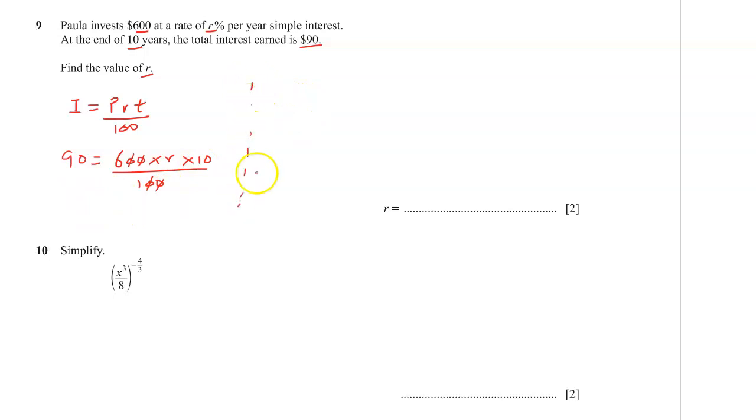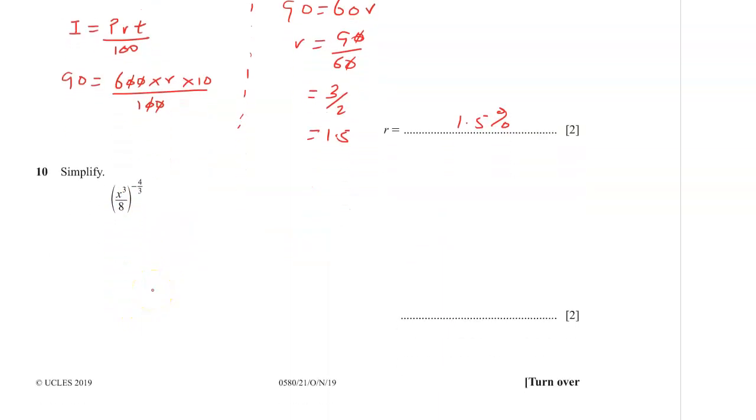So 90 is equal to 60R. Therefore, R is 90 upon 60, and this gives us 3 upon 2, which is equal to 1.5. So the interest rate is 1.5 percent. Very well.